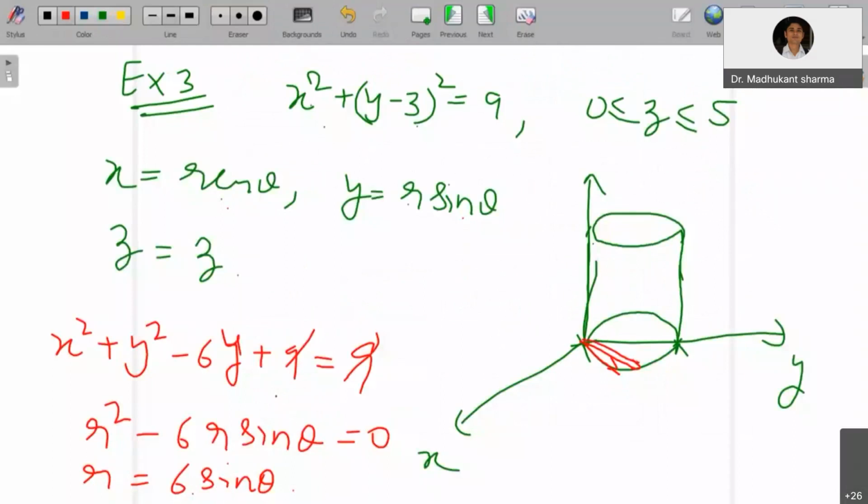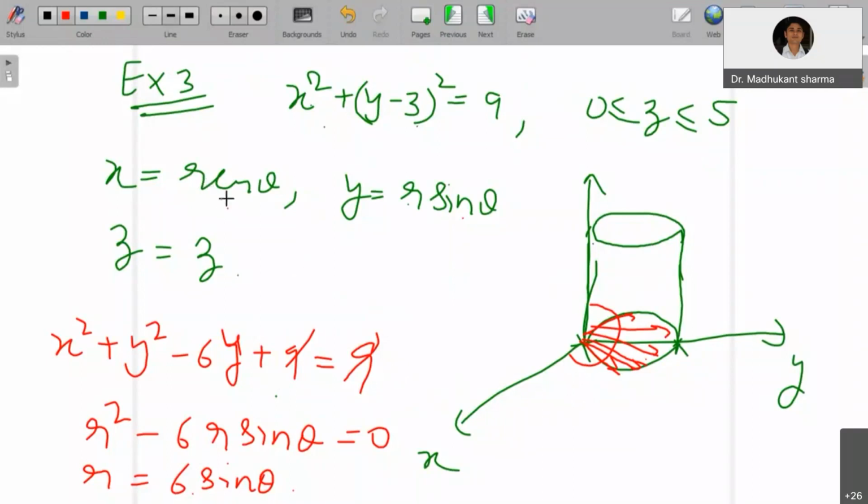Theta is measuring these rays, the r. And now theta goes from positive x to negative x. That's going to be 0 to pi, in the anti-clockwise direction.